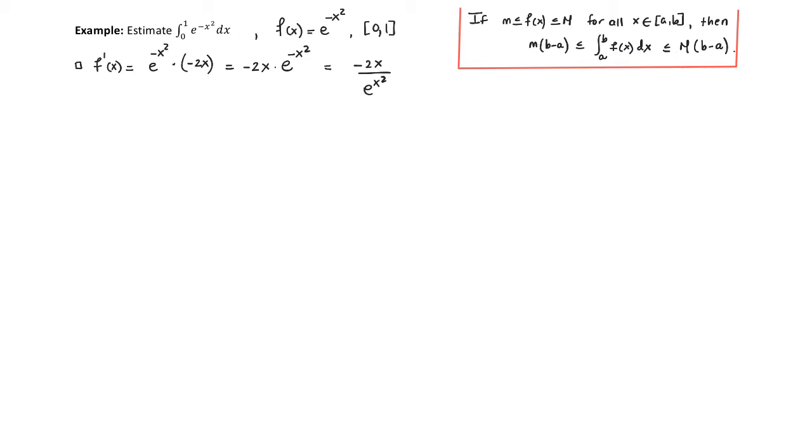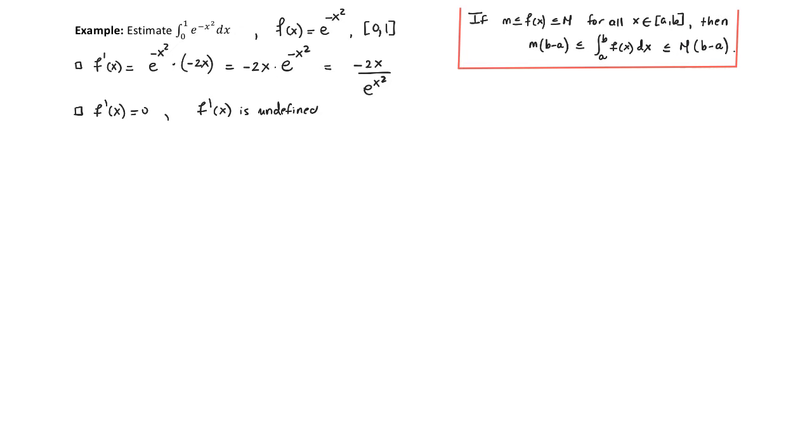Let me go ahead and find the critical points. To find critical points, I want to figure out for which values of x f prime of x is equal to 0, or f prime of x is undefined.